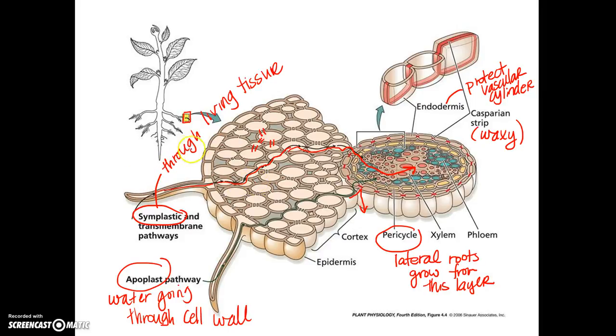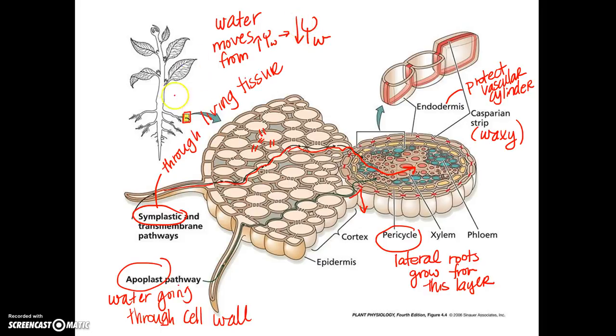Now let's see, what is going to cause water to actually enter here? Water movement, that's osmosis, and that depends on, well, our old friend water potential. Remember, water goes from high water potential to low water potential.